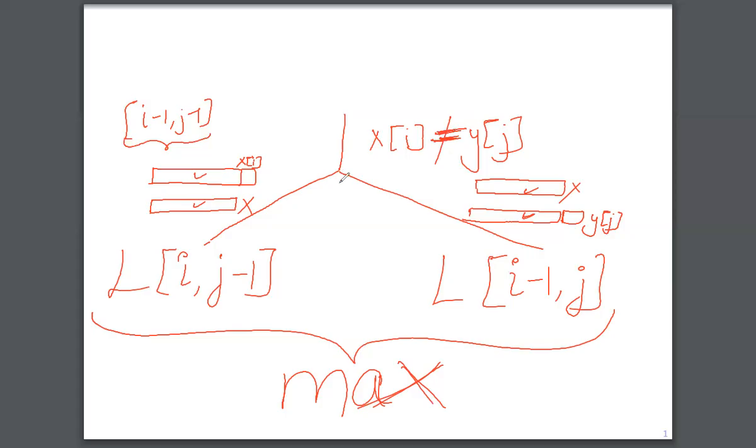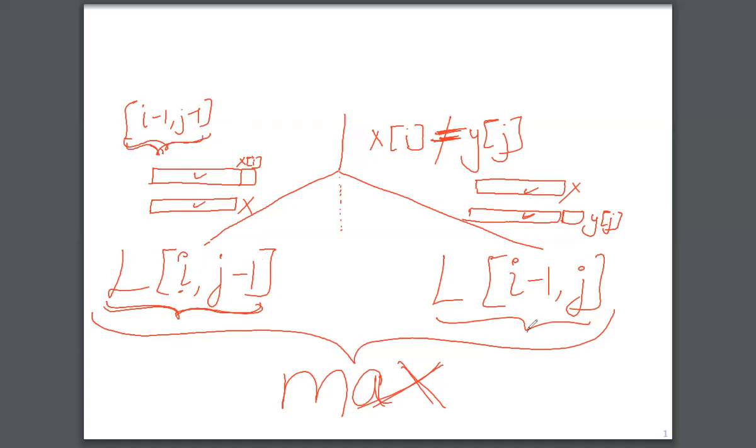We could have drawn a third possibility here, considering I minus 1 and j minus 1. Why didn't we do that? This possibility is already covered in these two subproblems. In the next iteration, if you recursively call this, it will chop off the ith character and you will also hit L of I minus 1, j minus 1.